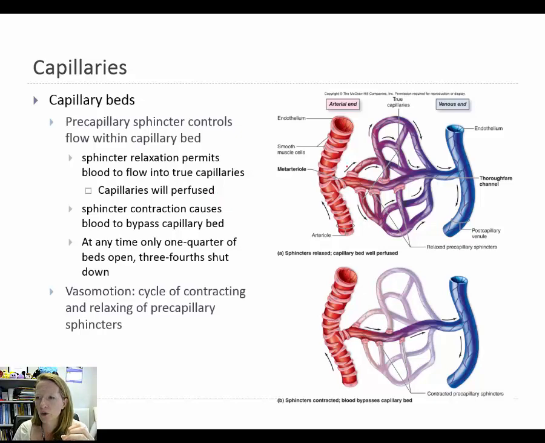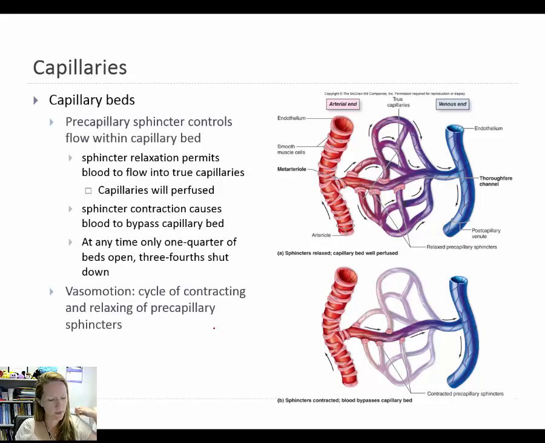The true capillaries will fill with blood. Whenever it's contracted, look at that. The blood is not going into the true capillaries, but is just going to go all the way through from the arterial to the venous end. So really, at any one time, only about 1/4 of the beds are open and 3/4 are shut.